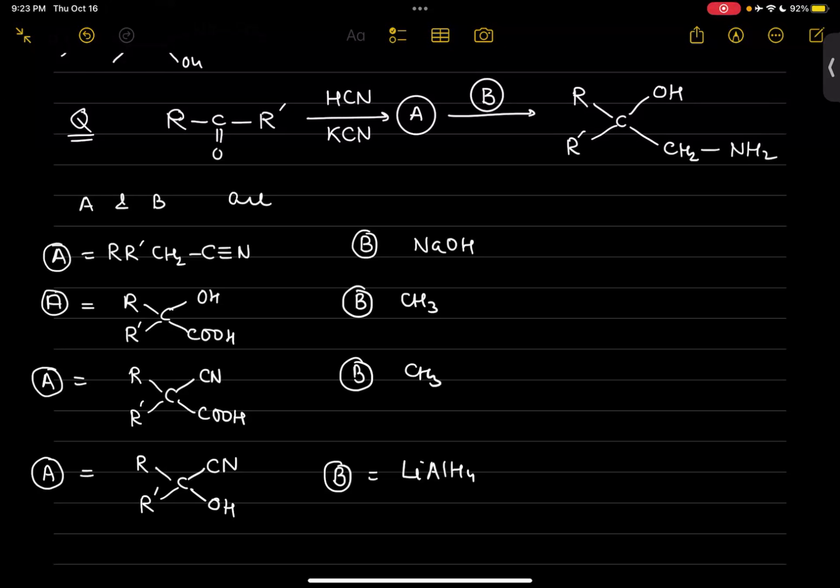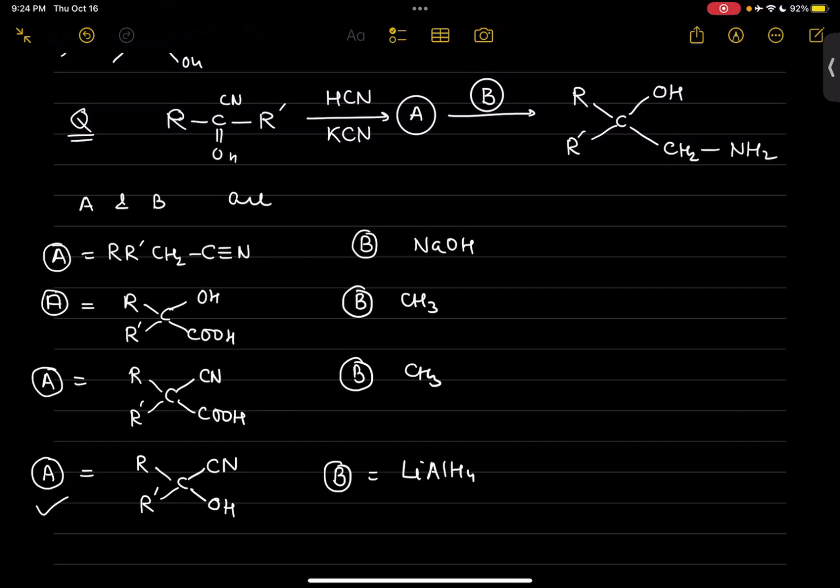Got it? So which option do you think is the right answer? So the last option. Yes, last option. Okay, correct. Because HCN is going, addition of H and CN.